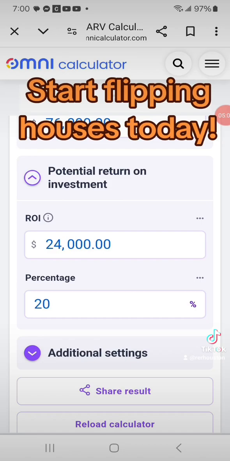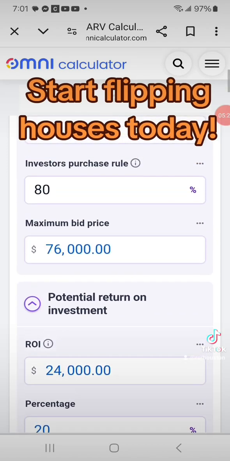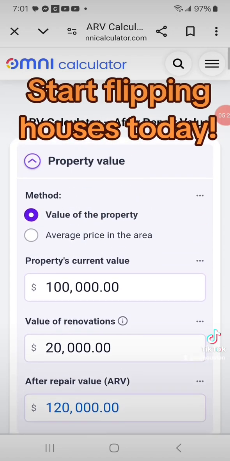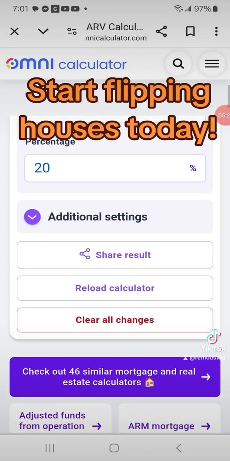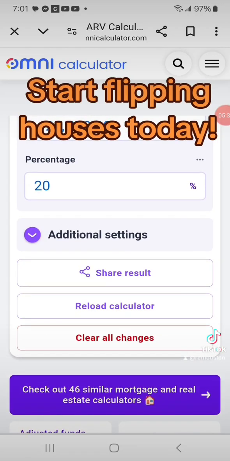That's really a good way to start flipping homes, by doing it and by risking a little bit, but at least you have this calculator that will be a really good guide to try not to make a lot of mistakes.